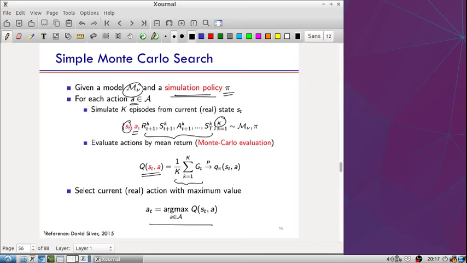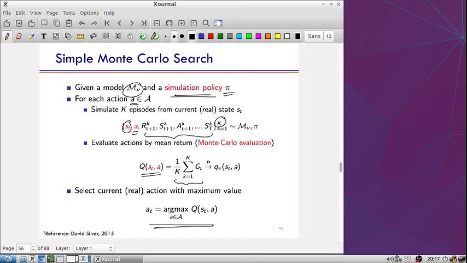And this is very intuitive, right? Once I know, for every action, the proportion of times I win, then I take the action which corresponds to the highest proportion of wins. I found Q(s, a) for every a, and I'm just taking the action which has the highest Q value.